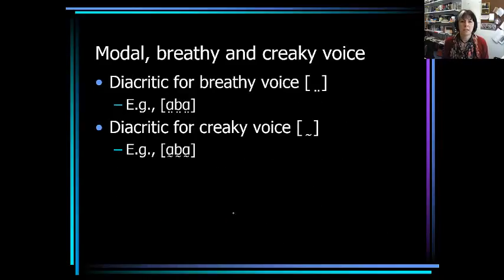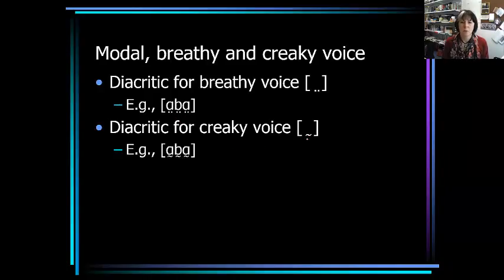The diacritic for breathy voice is 2 dots under each affected sound. So, for example, if I've got this sequence of sounds and it's breathy, it will sound like this: ah-ba, ah-ba, ah-ba. And we've got this breathiness going on there, so I can indicate that each one of those sounds has breathy quality.